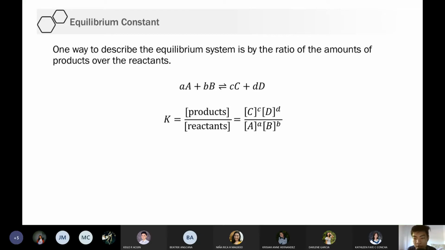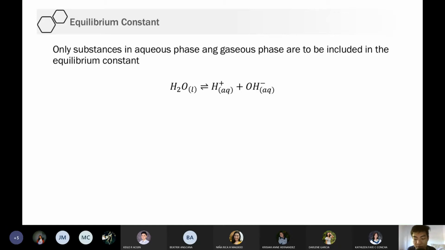The Kp, on the other hand, is an equilibrium constant in which the concentrations of the species are expressed in terms of atmospheres. For aqueous systems, we only have the Kc, and for gaseous phases, we have both Kc and Kp, because we can express the amounts of gases in terms of pressure and molarity as well.